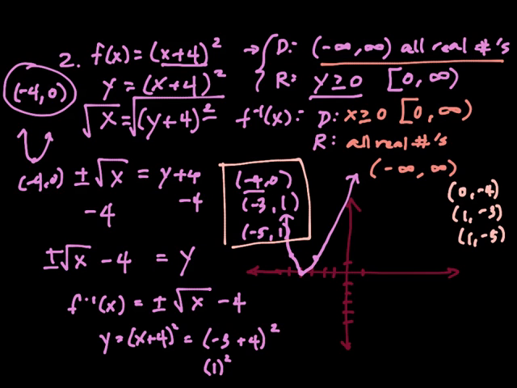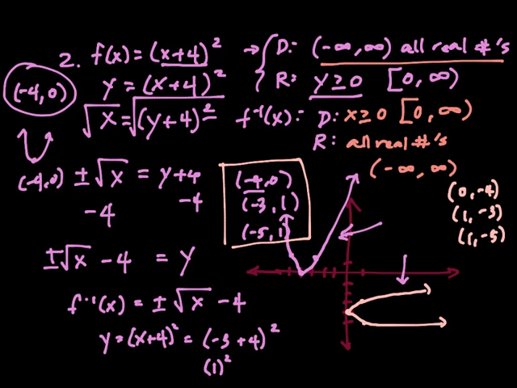Do it in different colors. 0, -4 here, and then 1, -3 here, and then 1, -5. There's our inverse right here. As you can see, here's our function right here, okay? And here's the inverse. The inverse is not a function, okay?